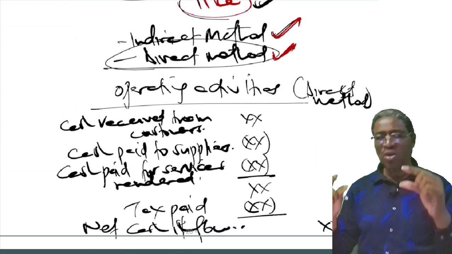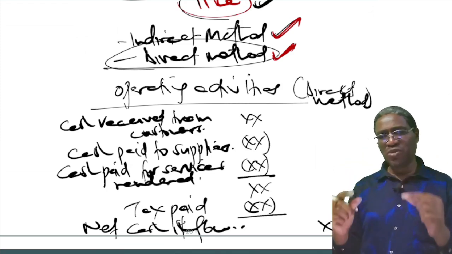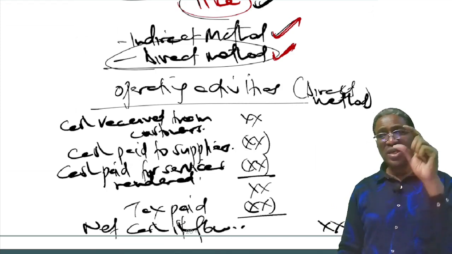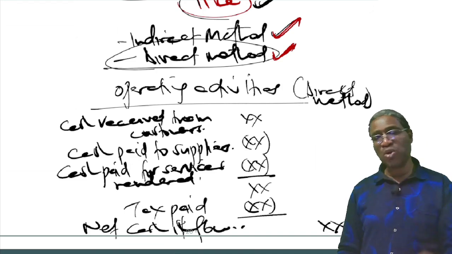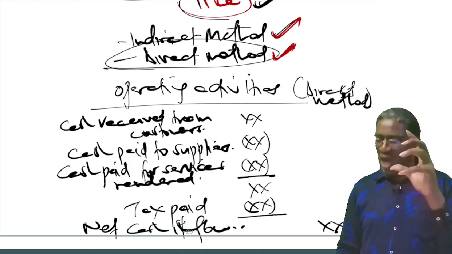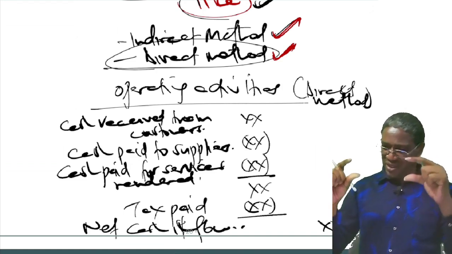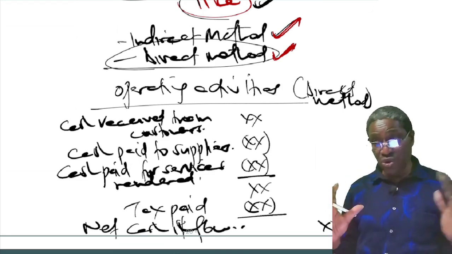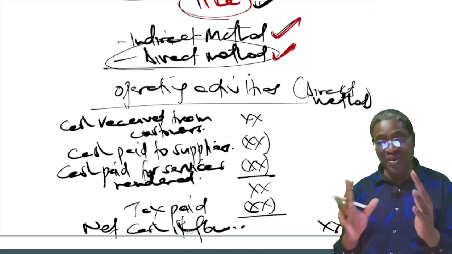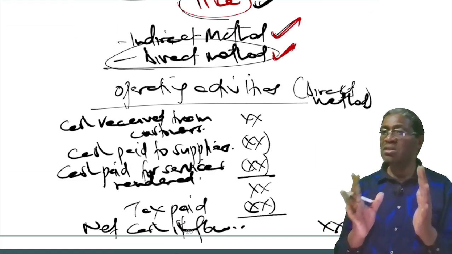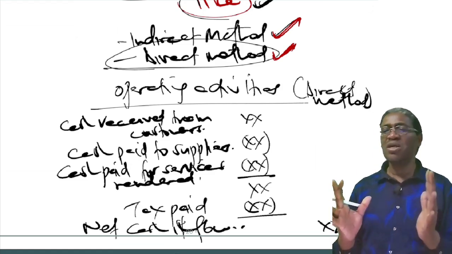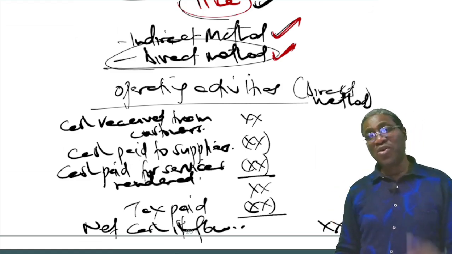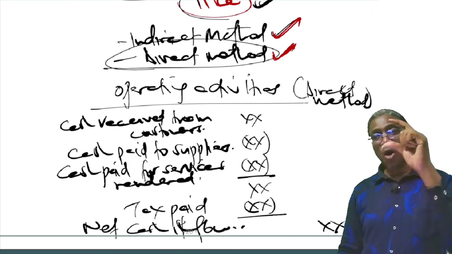The only difference between the 2 methods is how you present the cash flows from operating activities. Otherwise, the investing activities and the financing activities don't change whichever method you are following. Even if you are told to prepare using the direct method, you still use the same everything for investing activities and the same everything for financing. The only difference is how you present the operating items.